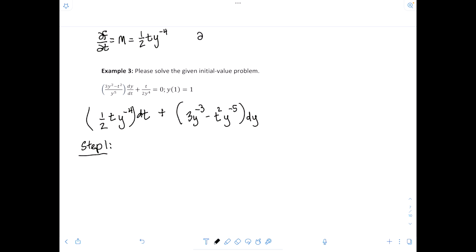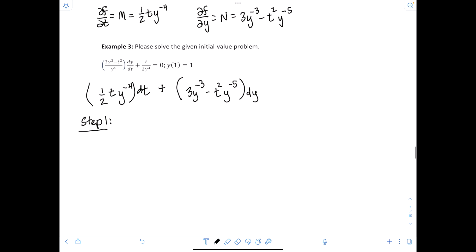And then the first partial of f with respect to y is N, which is equal to 3y to the negative 3 minus t squared times y to the negative 5th. All right, let's get it going.